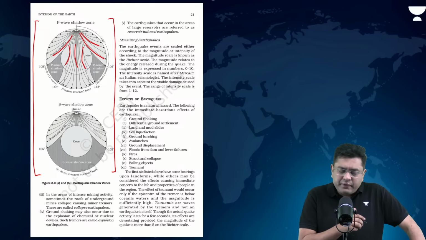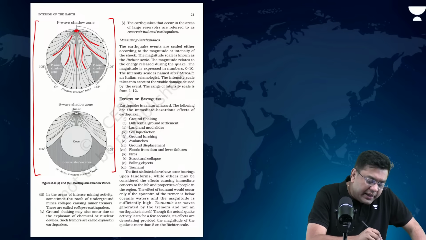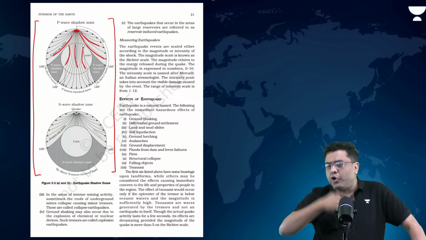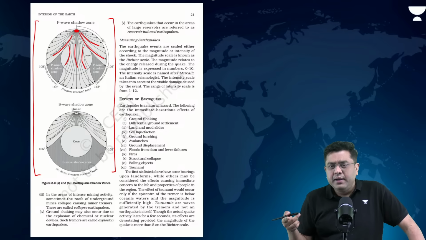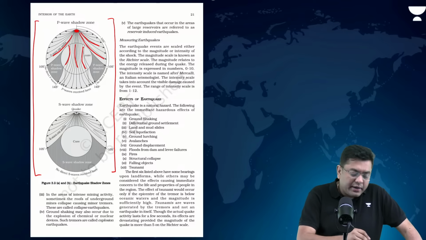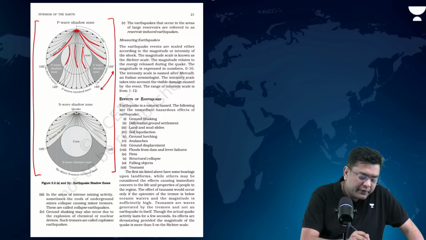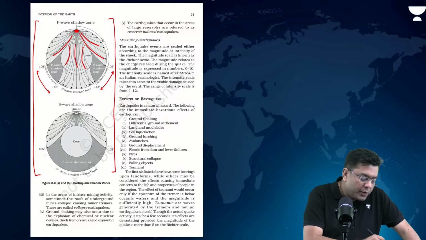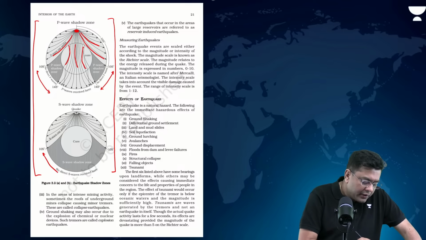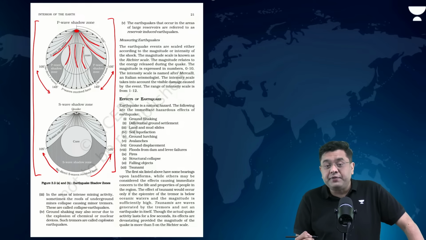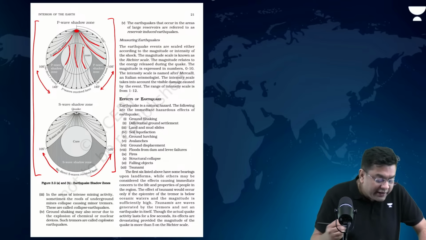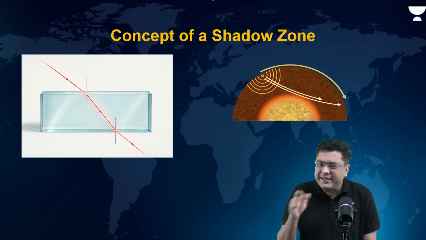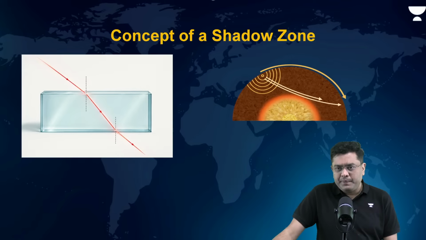And that means if an earthquake has occurred here, even if I install seismographs all around planet Earth, I will not be able to detect the earthquakes in certain areas. I will not be able to experience or detect these S waves in certain areas. So, that is basically the concept of a shadow zone. Now, how to understand this concept of a shadow zone?